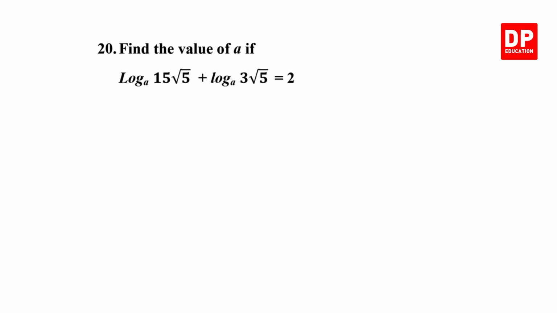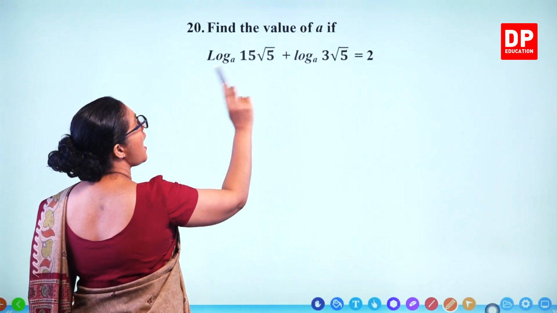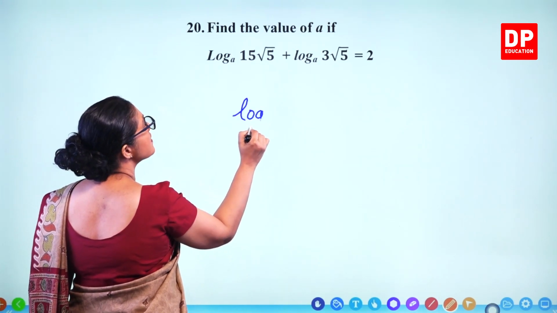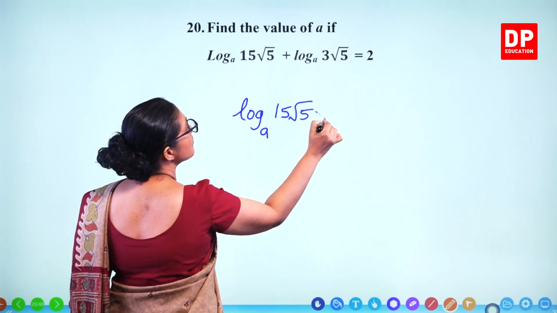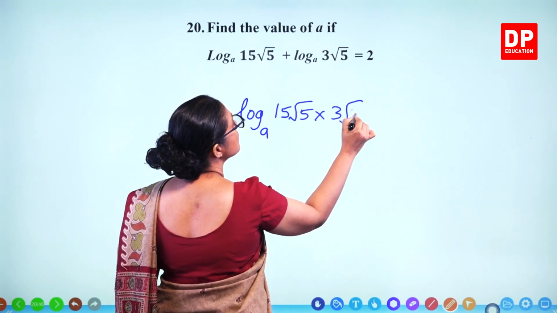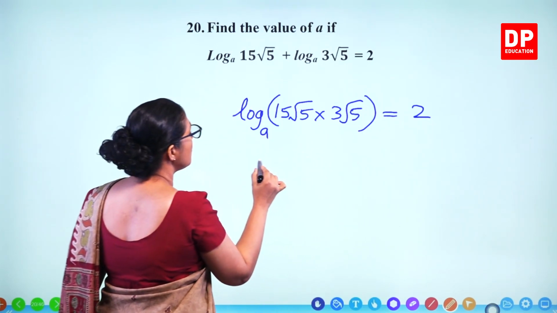Question number 20. Find the value of a if log a base 15 root 5 and log a base 3 root 5 is 2. Laws of logarithms. Addition you can write as multiplication. What's the value?